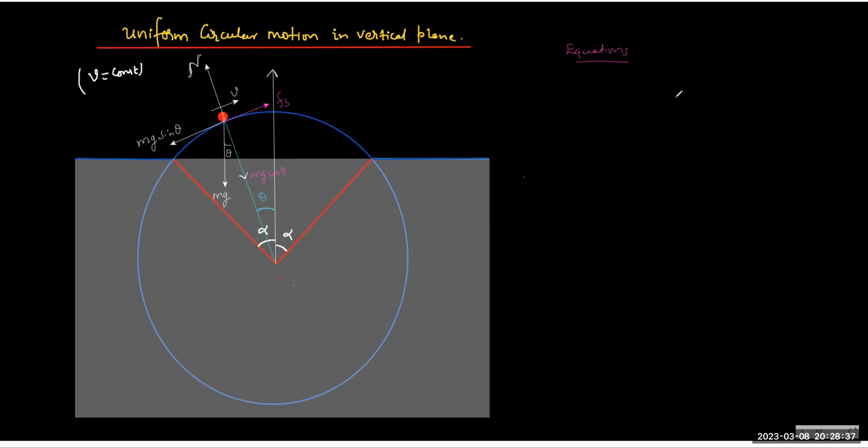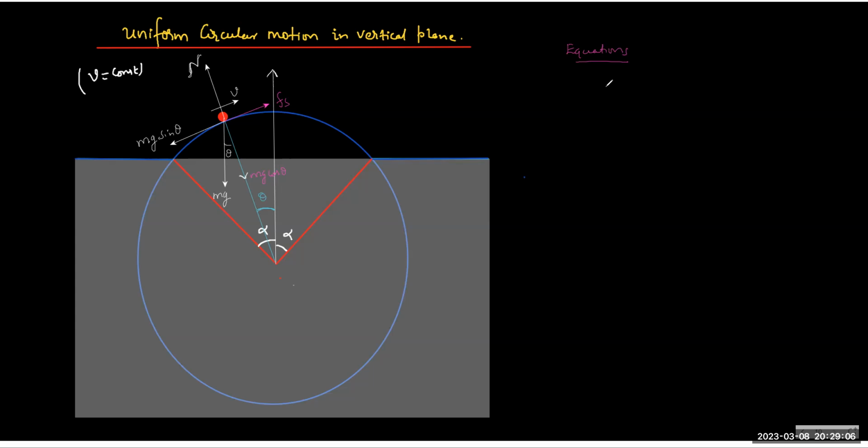You have to tell me which force you think is normal to the plane. The circle itself is vertical, so normal will be horizontal. Okay, fine. So you got the idea, right? There is no force acting normal to the plane. Do you realize this?